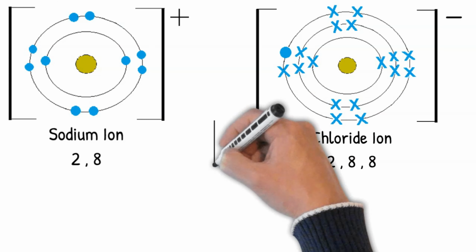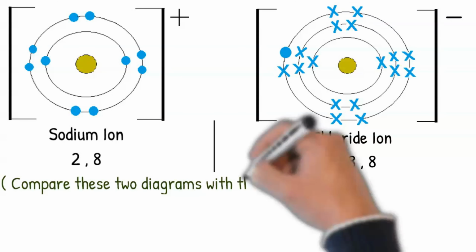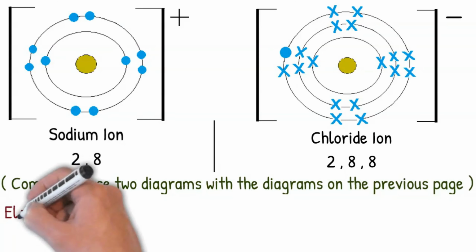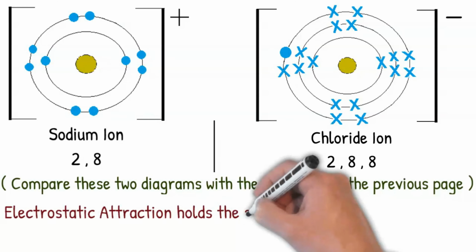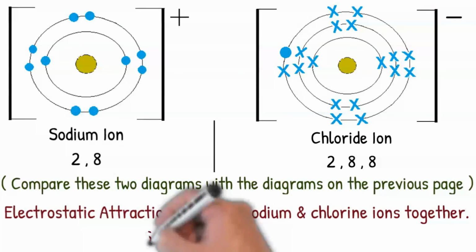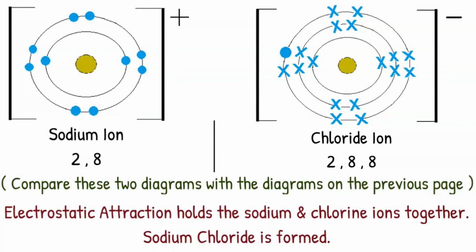Compare these two diagrams with the diagrams on the previous page. Electrostatic attraction holds the sodium and chlorine ions together, sodium chloride is formed.